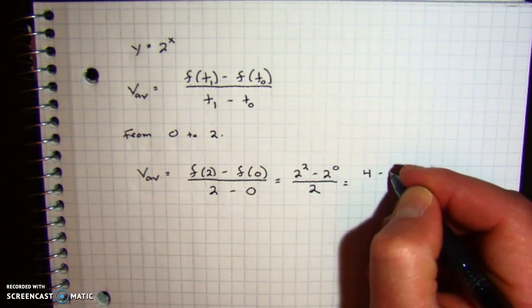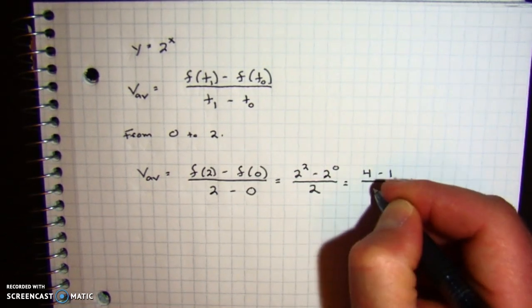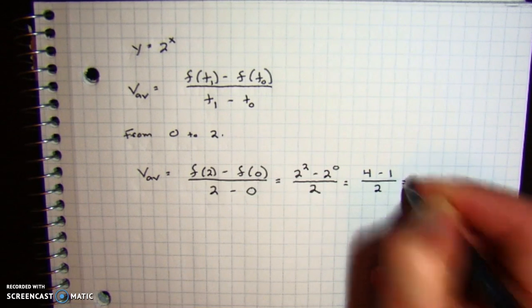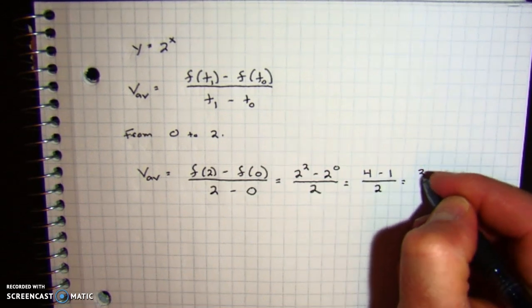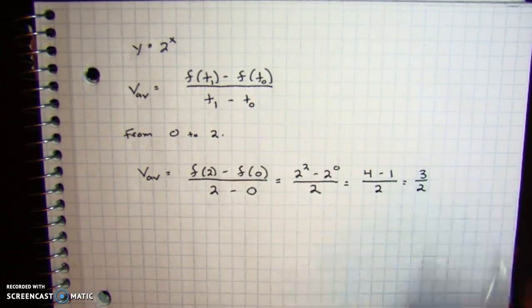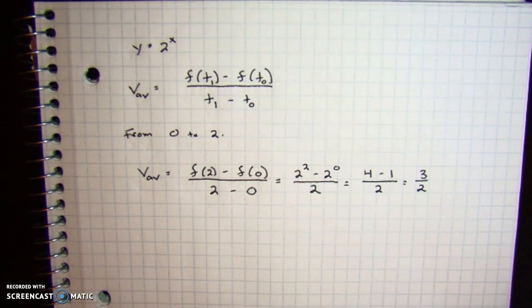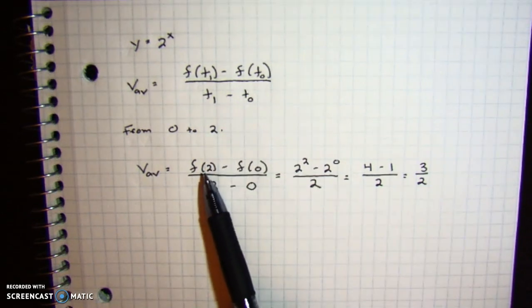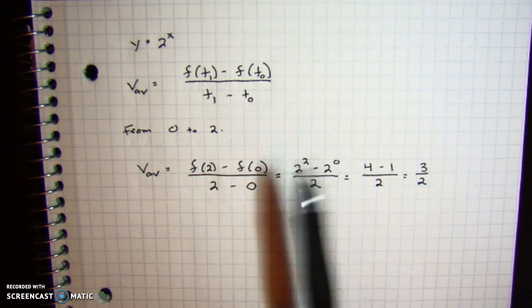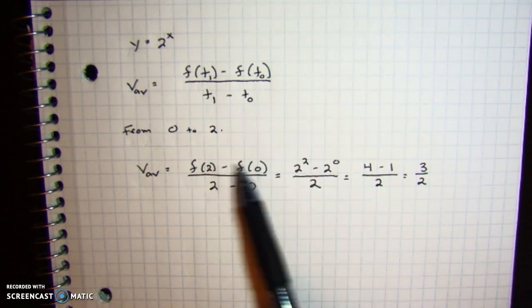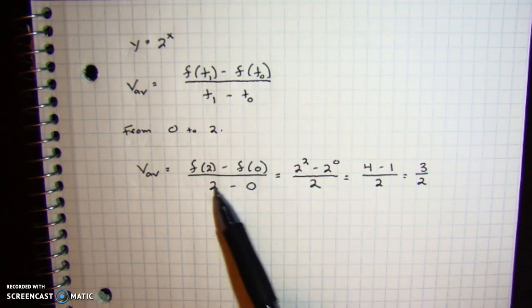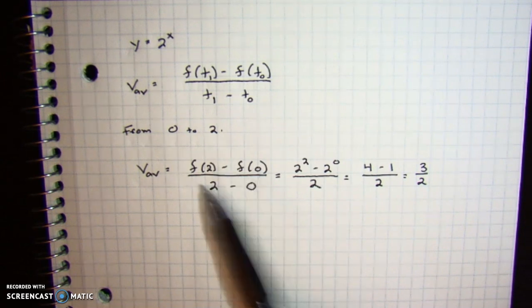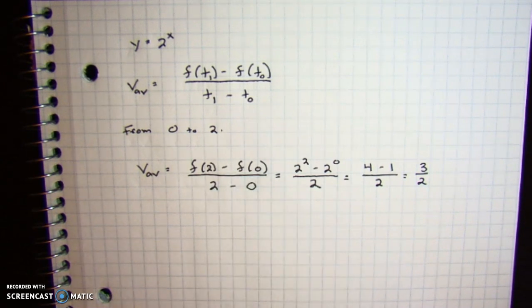Anything to the 0 power is 1, over 2. 4 minus 1 gives us 3. Now you'll notice here, this is also the same way that you find slope, right? This is your y values, so your change in y over change in x, or rise over run, or however you've probably heard it in some other courses.